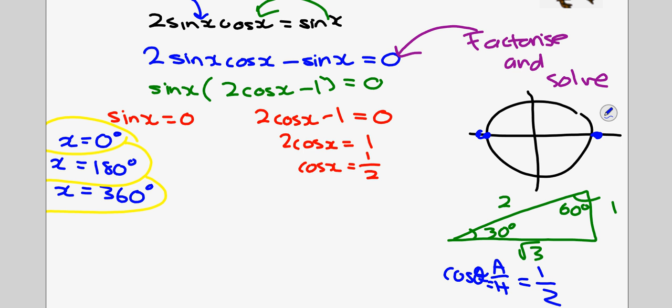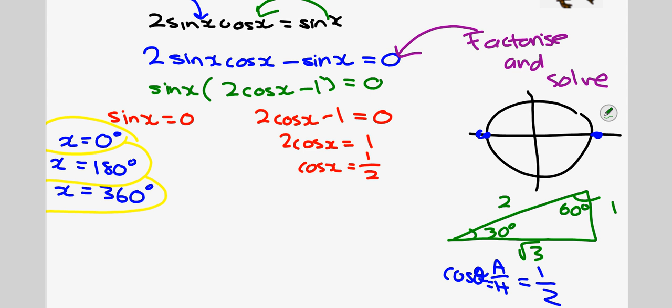It's the 60, because its adjacent is 1 and its hypotenuse is 2. For 30 degrees, the hypotenuse is 2 but the adjacent is root 3, and for 60 the adjacent is 1. So 60 degrees gives you 1 over 2. If it was 30 degrees, it would have been root 3 over 2.